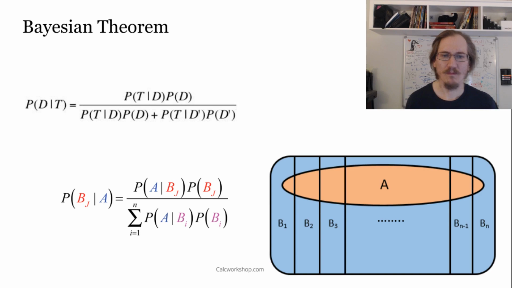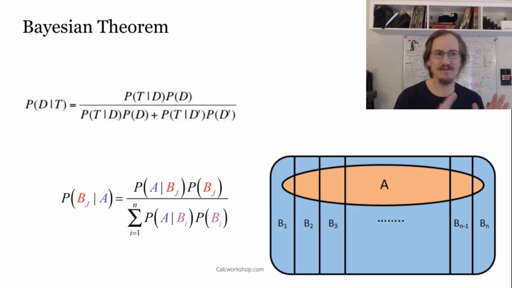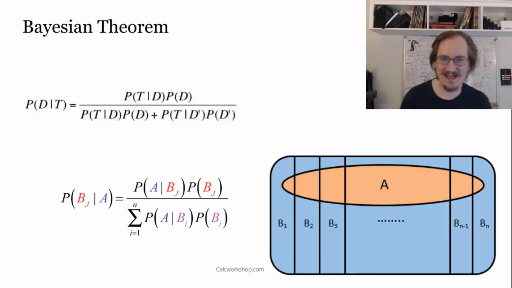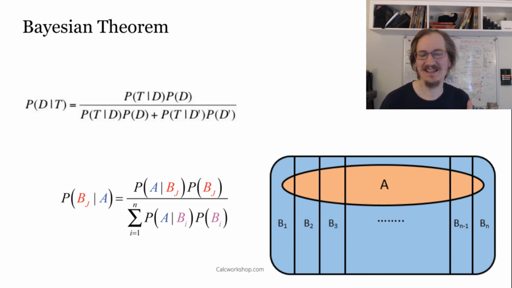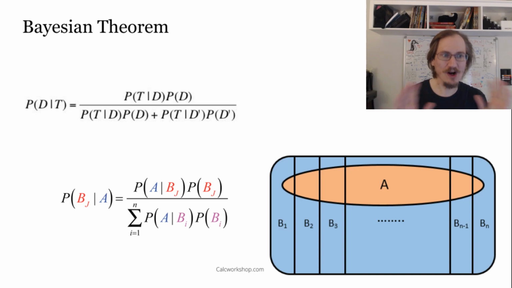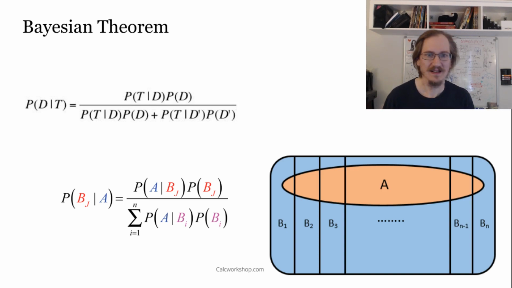If we take the part of T in D and add it to the part of T that's in D naught, we're going to get all of T. So we divide T by where D turns into D naught, the complement.